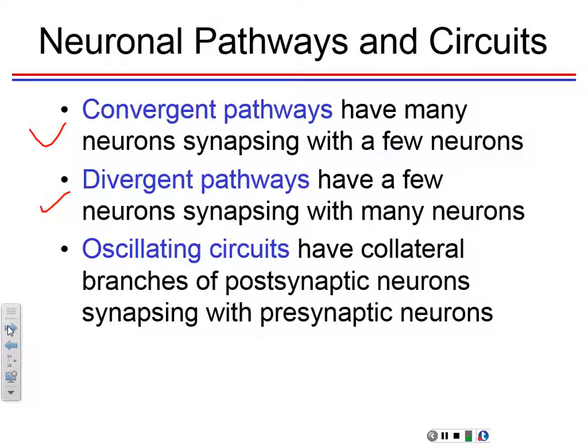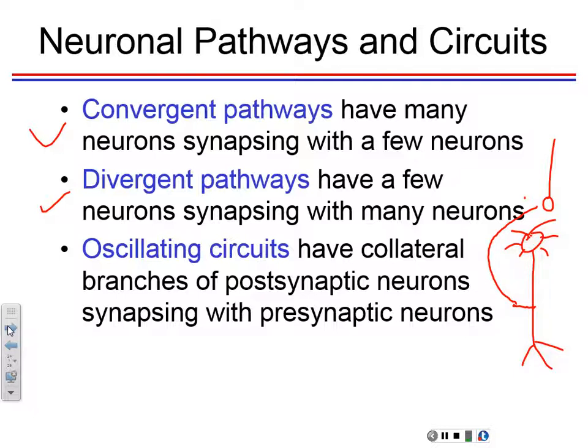So this happens in the postsynaptic neuron, and it will have, so this is the cell body with the dendrites, and then the terminals. So this collateral branch will come back and synapse with the presynaptic neuron. So that forms like a circle, right? That forms the oscillating.